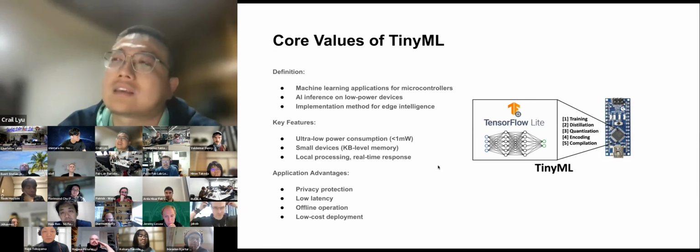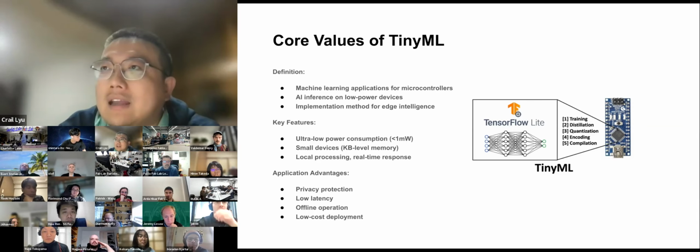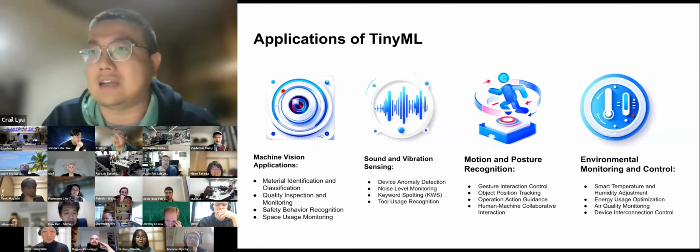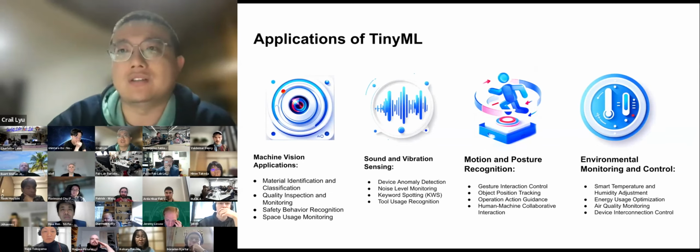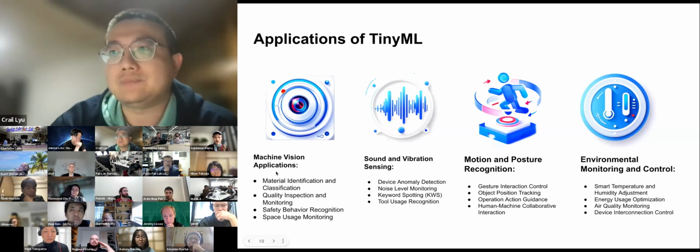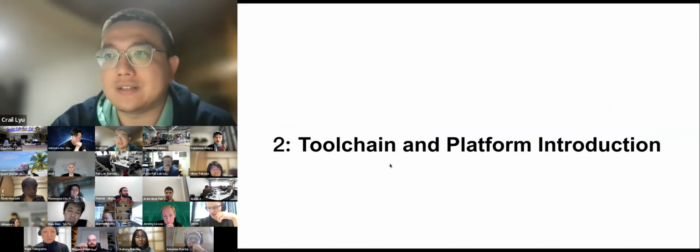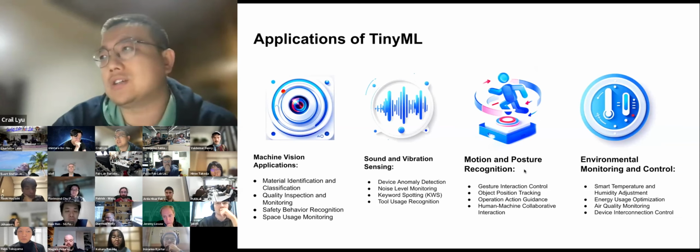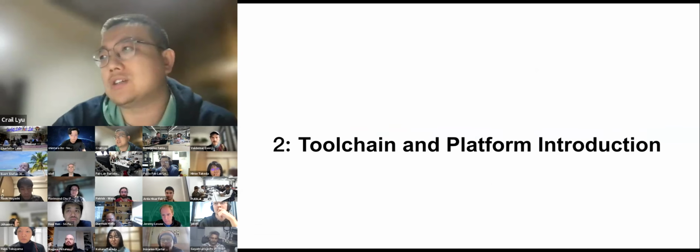And there are a lot of applications for tiny machine learning as well, such as machine vision applications, sound and vibration sensors, and motion and posture recognition in the tiny machine learning area.